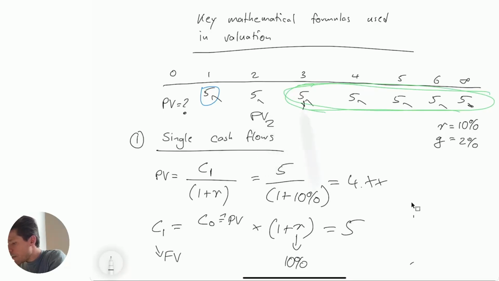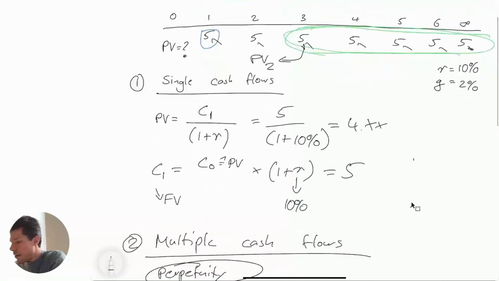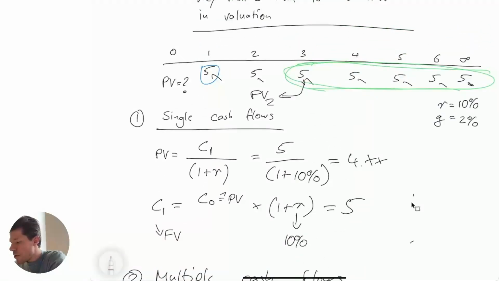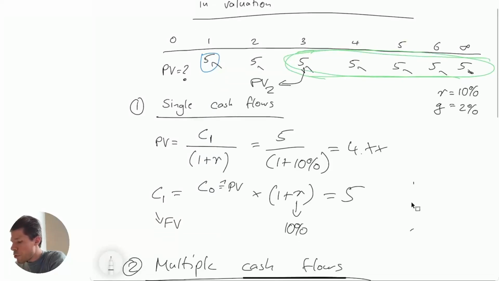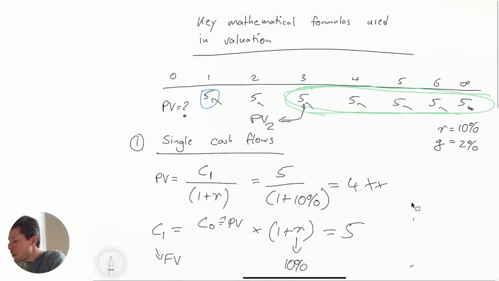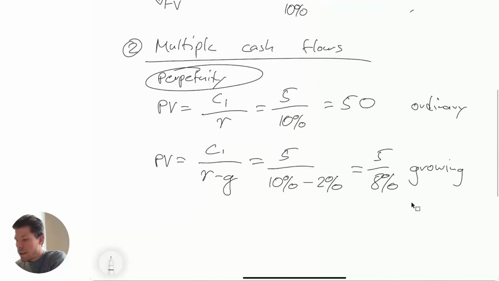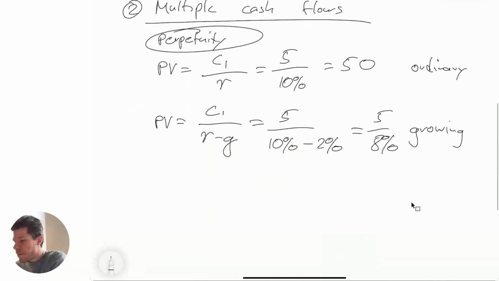Here we would discount the entire green circle. Then we would have our present value terms in year 2, and then we would need to use our single cash flow formula, discount with the power of 2 to have our present value at 0. So we can do the same. The only thing we need to be aware of when we use perpetuity formulas is that the cash flows go on indefinitely.